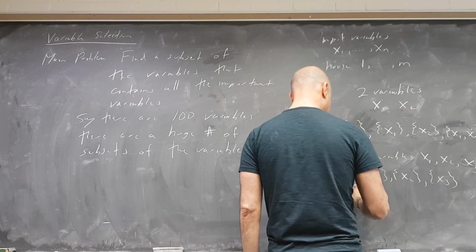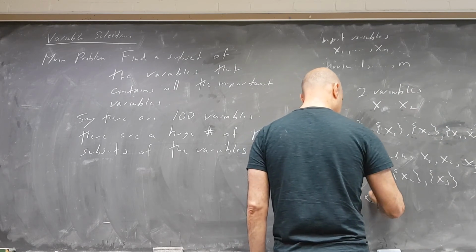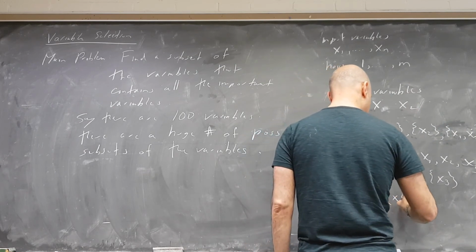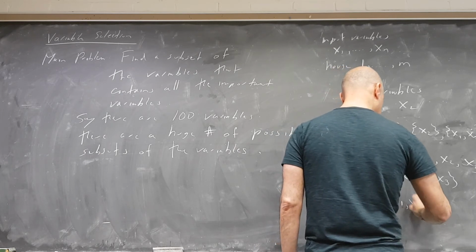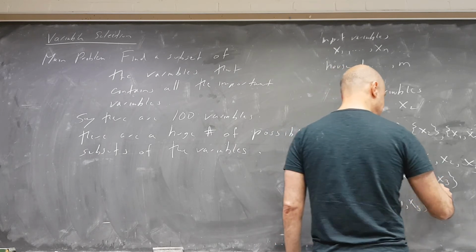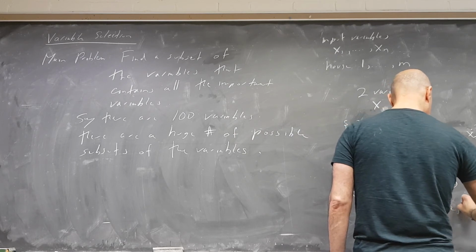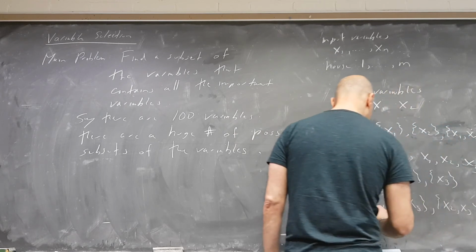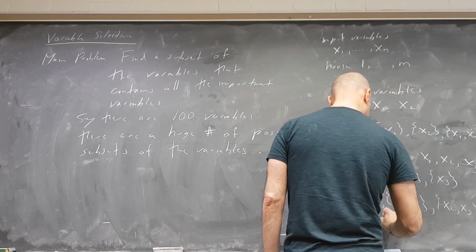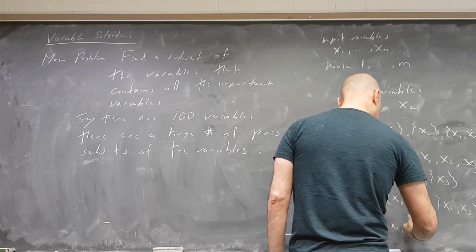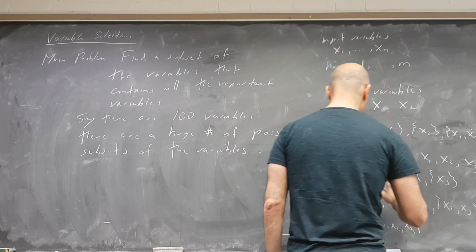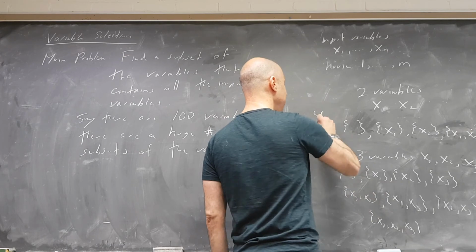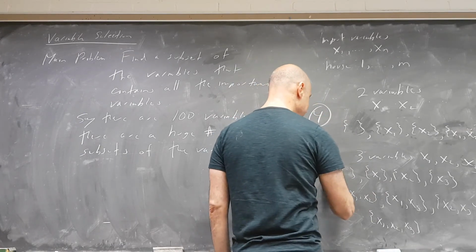You could have the first two, the first and the third, the second and the third, or all of them. So here there were four possibilities, and here there were 8.